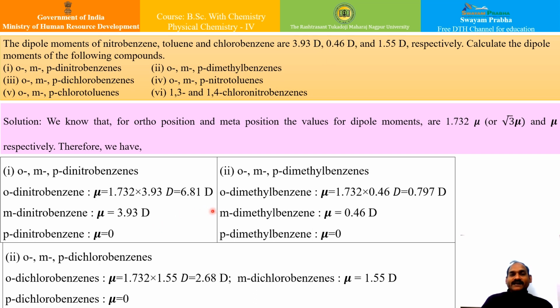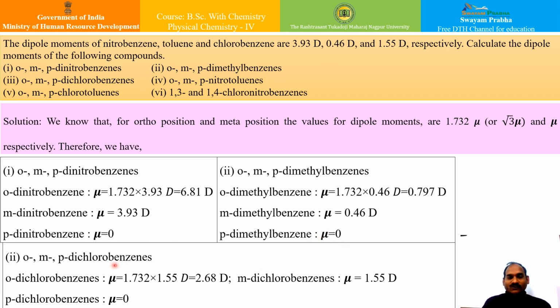In the second case, that is ortho meta para dimethylbenzenes. Again, in the ortho dimethylbenzene case, mu is equal to 1.732 into 0.46 dB, which is given over here. So the value is 0.797 dB. Meta dimethylbenzene, it is 0.46 dB, and para dimethylbenzene it is 0, because the angle is 180 degrees and the individual dipole moments cancel out each other.